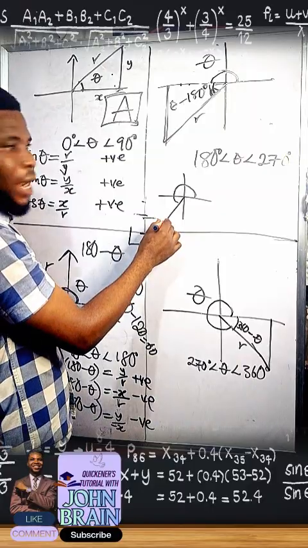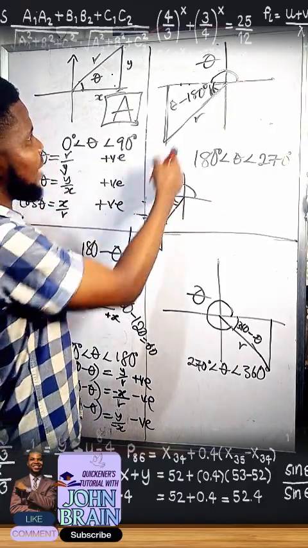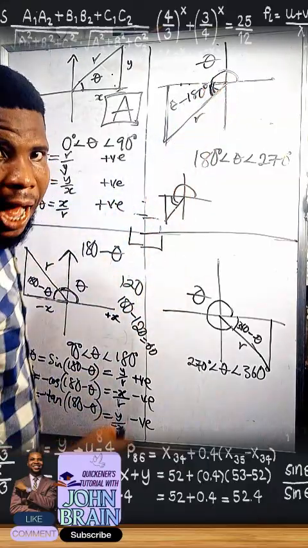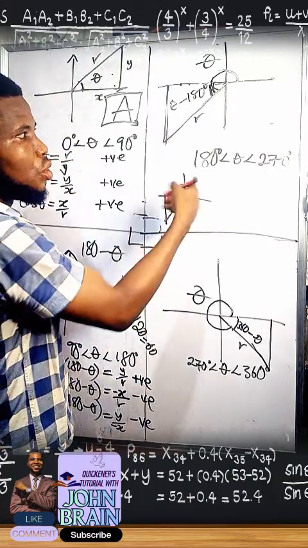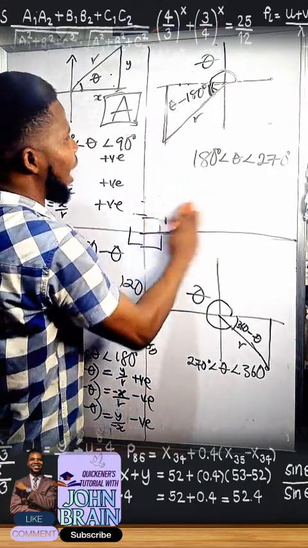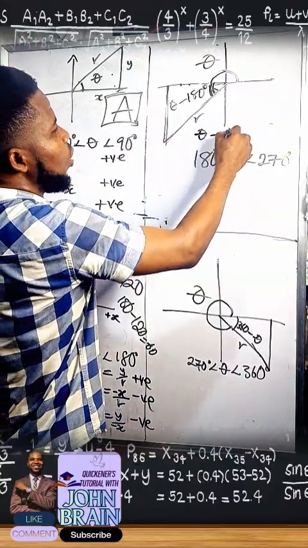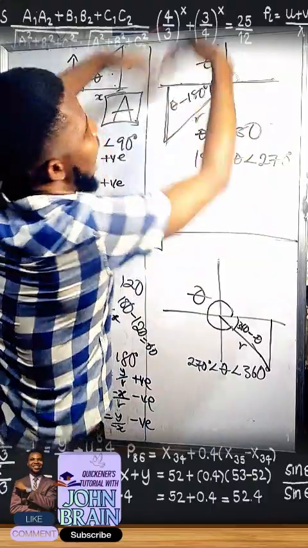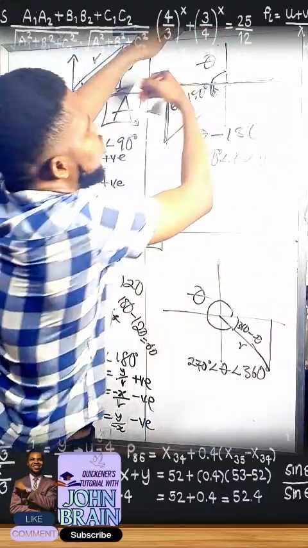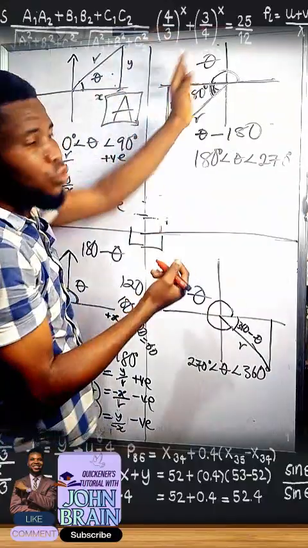So when it comes to this point, just this angle is what you are working with. So to get this angle, remove 180 from theta. So to get the angle at the third quadrant, we say theta minus 180. The angle above is 180, so just remove it. So this will remain. That will be the angle you are looking for, the angle to the horizontal.